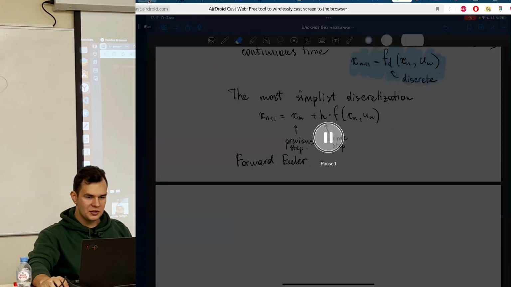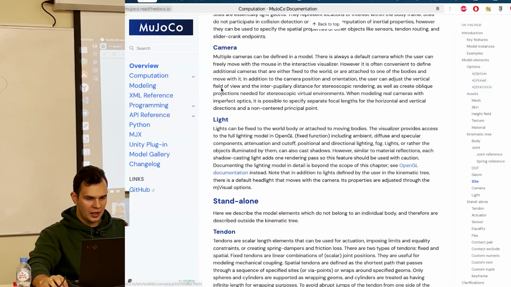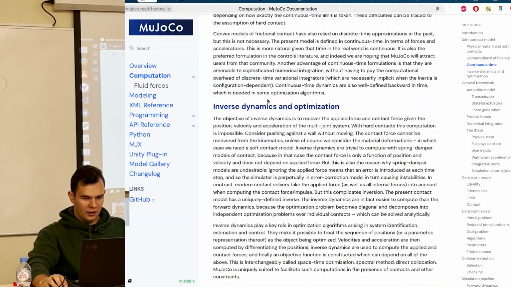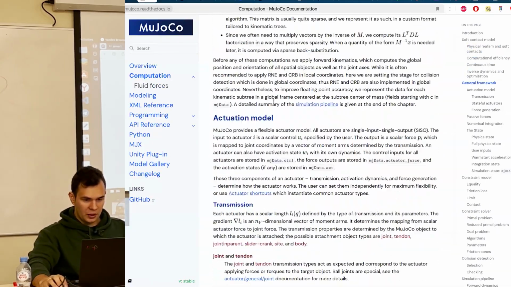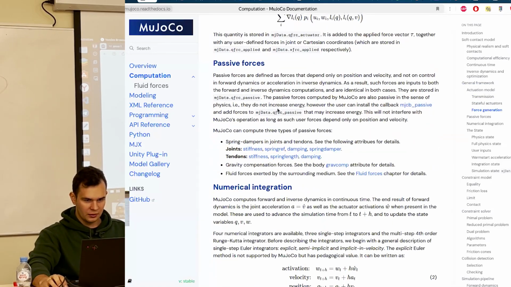And for this reason, I told you that we're going to use MuJoCo, and I go to the documentation of MuJoCo, and here we will find out how it does computation.